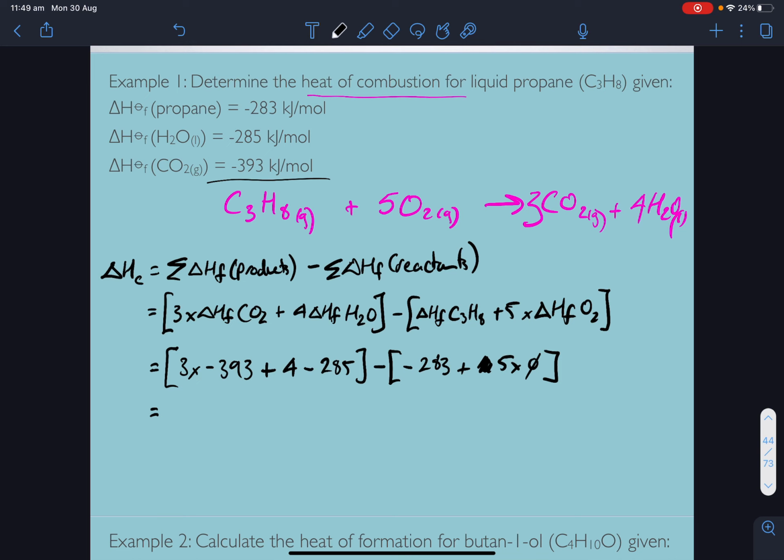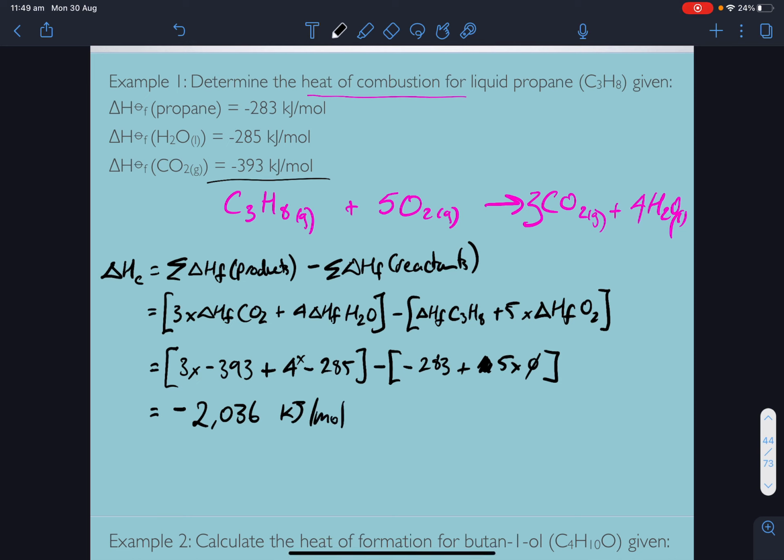We have 3 times negative 393 plus 4 times, well, it's negative, so I'm going to do minus 4 times 285, and then I'm going to minus my negative 283 plus 283 and a 0, so that equals negative 2036 kilojoules per mole.